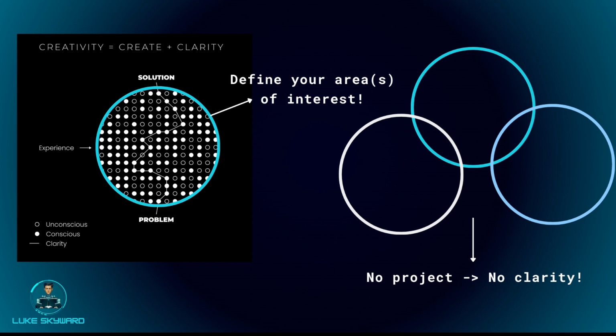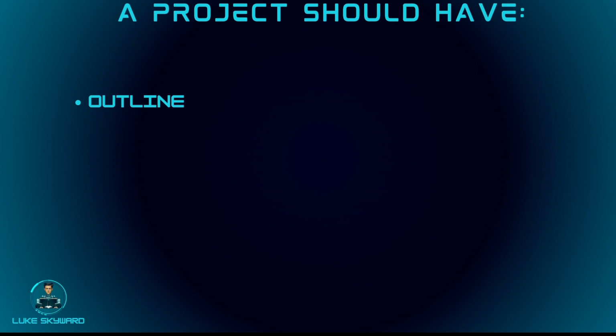And talking about projects, what defines a meaningful project? First, we need an outline so you can note ideas to fill in that outline from everyday life. Then we have milestones, so you have direction and clarity on your next steps.